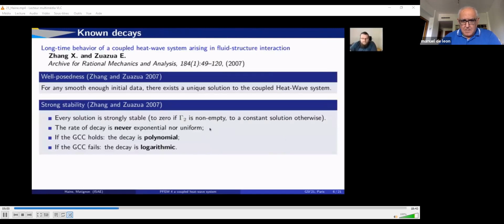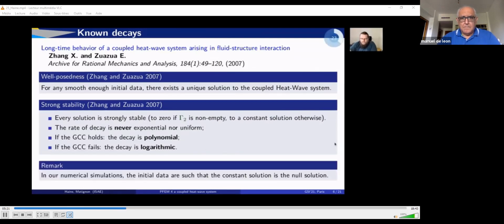The rate of decay is never exponential nor uniform, so it depends on the geometry and on the initial data. If the geometric control condition holds, the decay will be polynomial, and if the geometric condition fails, it will be only logarithmic. In our simulation, the initial data are such that the constant solution here is always 0.